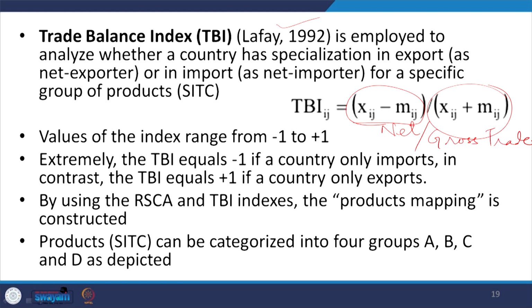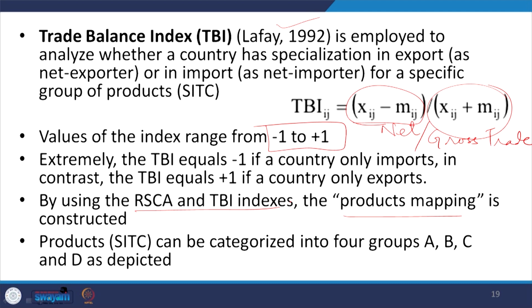So, we can find out net importer or net exporter. If you check it carefully, you can easily understand it takes values from -1 to 1. Now, both indices can be taken together, because their ranges are both from -1 to 1.